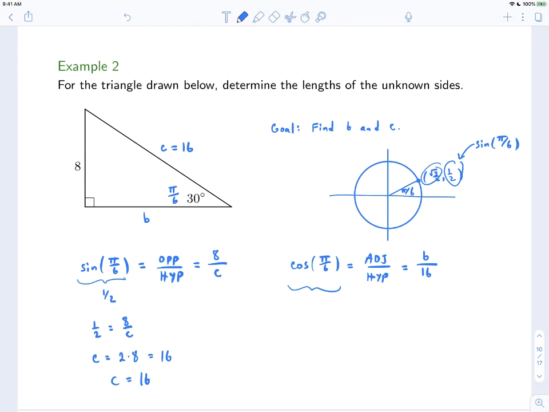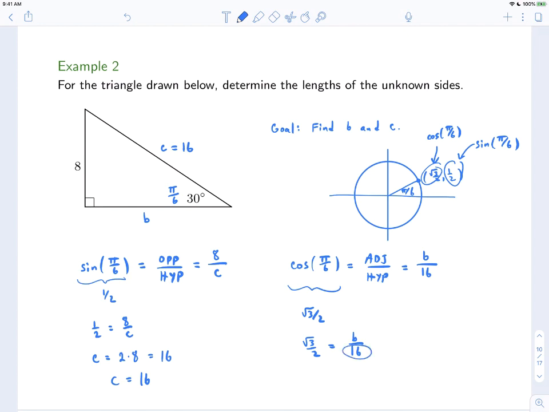That's the x value right here. Cosine of pi over 6. So the x value is square root of 3 over 2, and that's cosine of pi over 6. So that means we know that the square root of 3 over 2 is equal to b over 16.